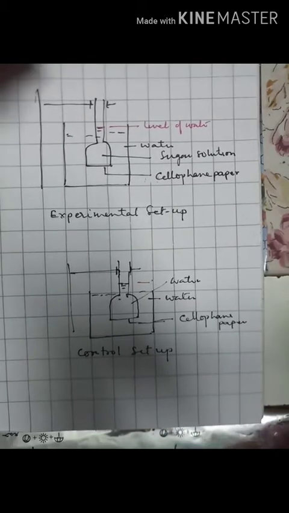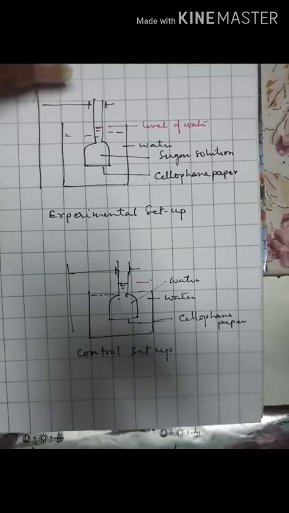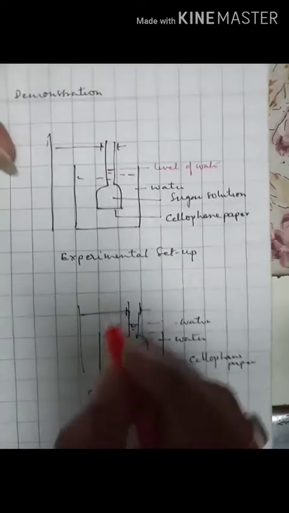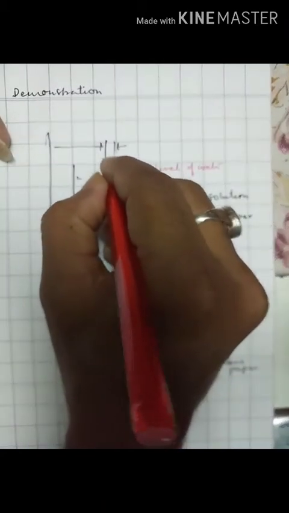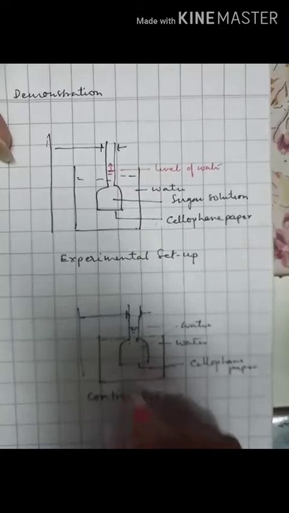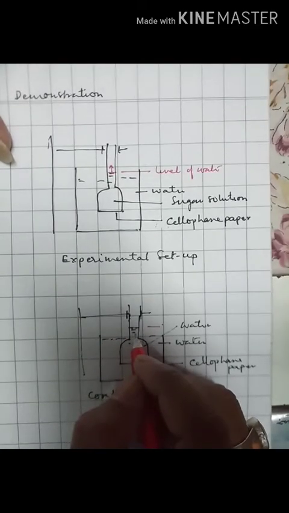After leaving this experiment for a few minutes, what will we observe? The level of water in the experimental setup rises, but in the control setup the level of water remains the same.